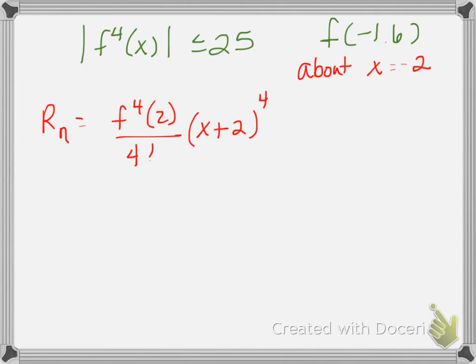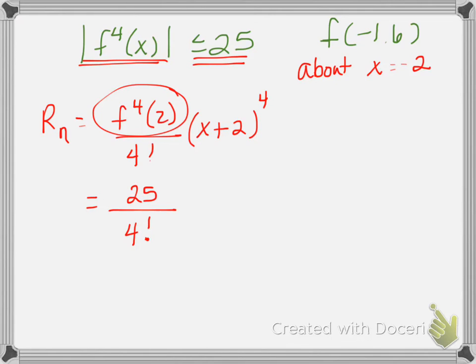The cool thing here is I don't have to figure out what the fourth derivative is because they didn't tell me the equation, but they told me the fourth derivative was less than or equal to 25. So 25 goes in for the fourth derivative of z. Leave the 4 factorial. We know that x is -1.6 because that's what we're trying to estimate. And we get 0.026 repeating. And so that's the remainder.